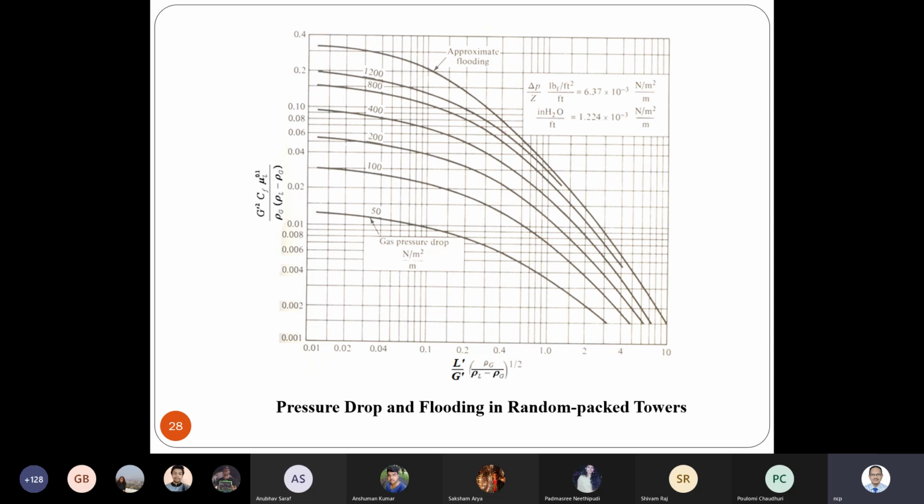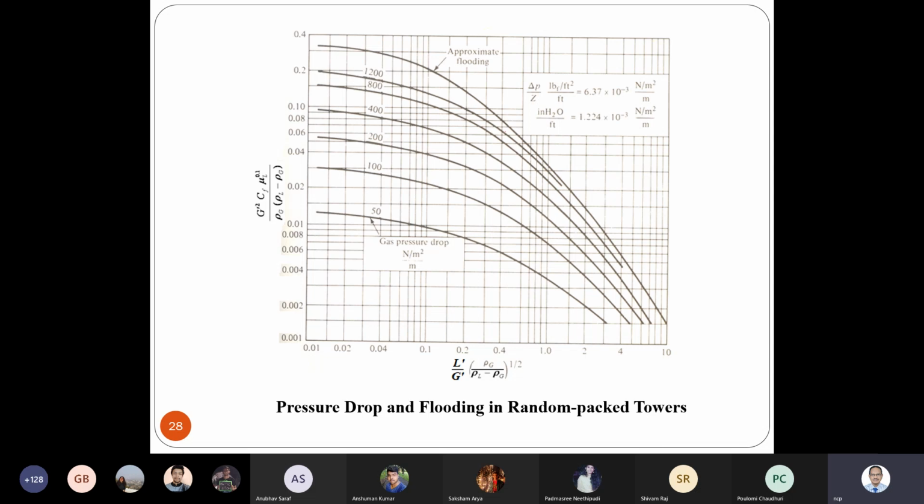These are at different gas velocities, sorry, gas pressure drops. Now at the flooding line, you go horizontally to the y-axis, and we will find out the value of this parameter. Then, knowing the other values except G dash, we can calculate G dash from this.